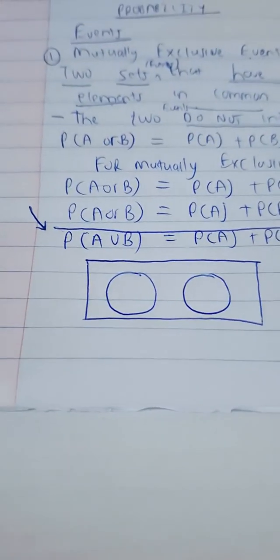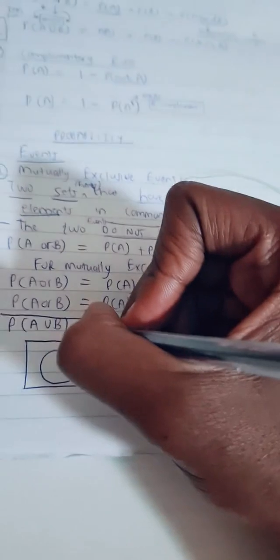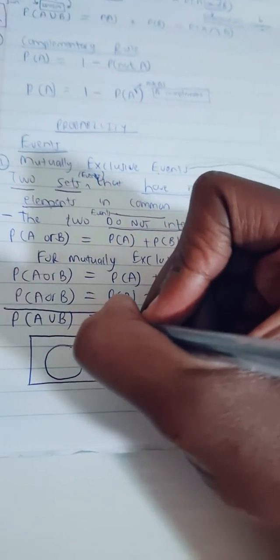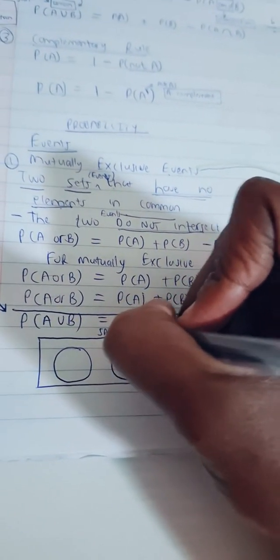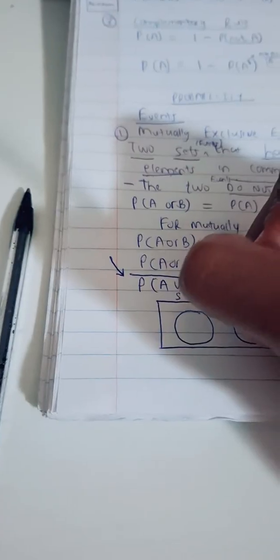Okay, so guys, this rectangle represents what we refer to as our sample space. We use S to denote the sample space. Usually they don't write the entire wording, they usually write S, because the rectangle represents the sample space.